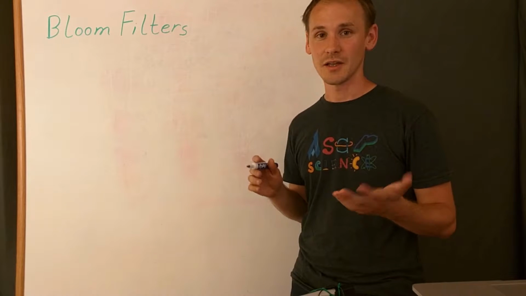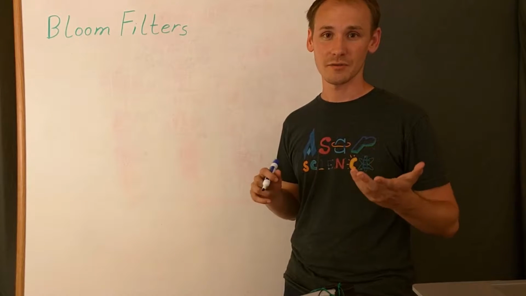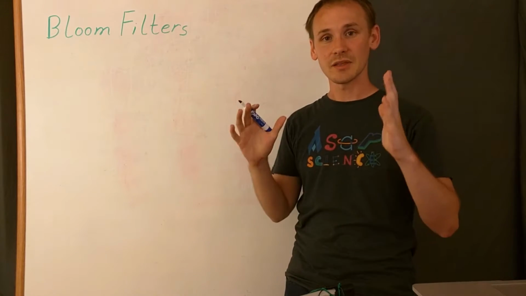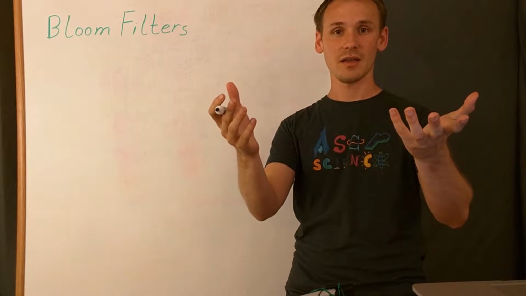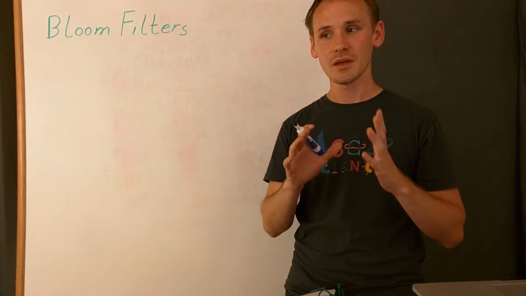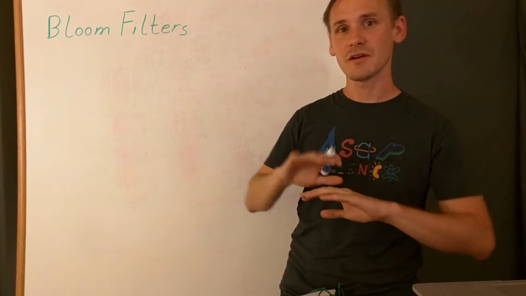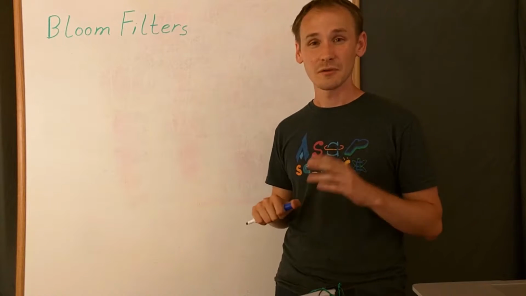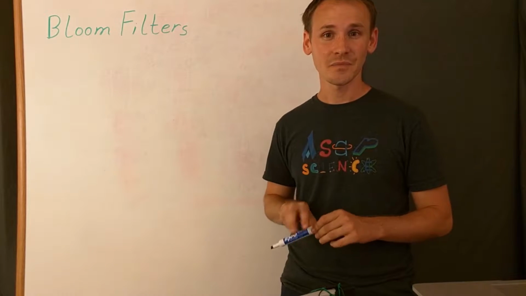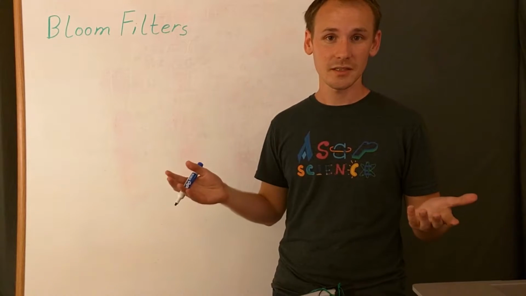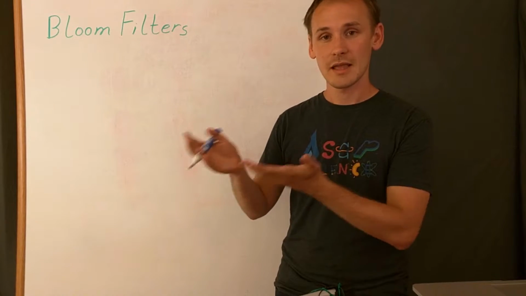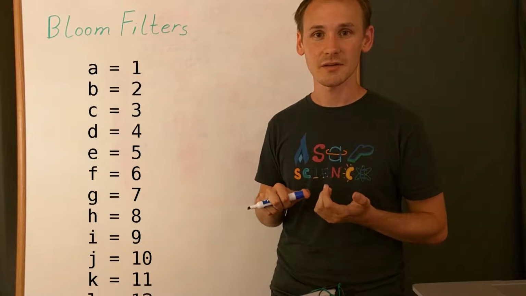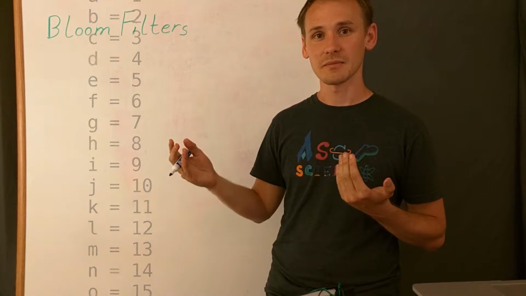If you're not familiar with hashing, that's okay, but you should definitely try to learn about it first. The basic idea behind hashing is you can take something in and then get some kind of number out that's always going to be the same, but is also usually going to be very different from the hashes of other things. A really simple example of a hash function is just to say, take someone's name where A is equal to the number 1, B is equal to the number 2, C is equal to the number 3, etc., and just add up the values of the name.